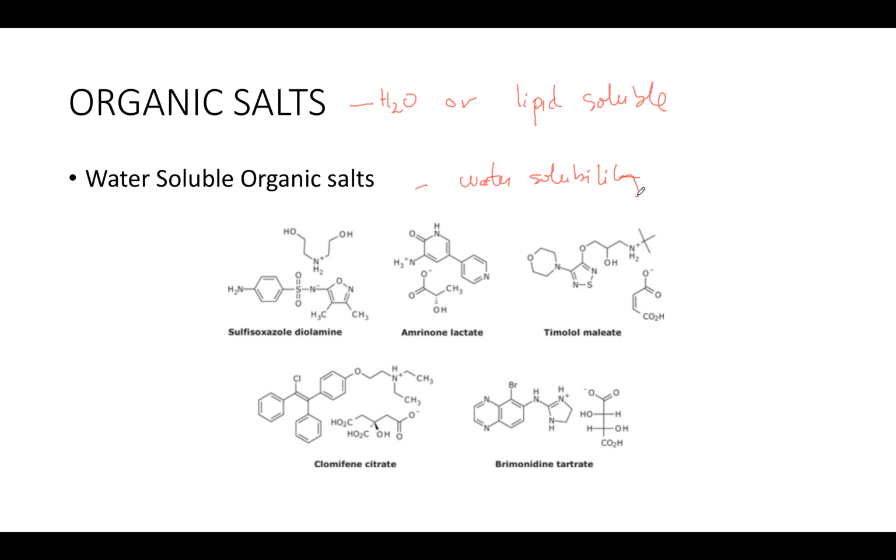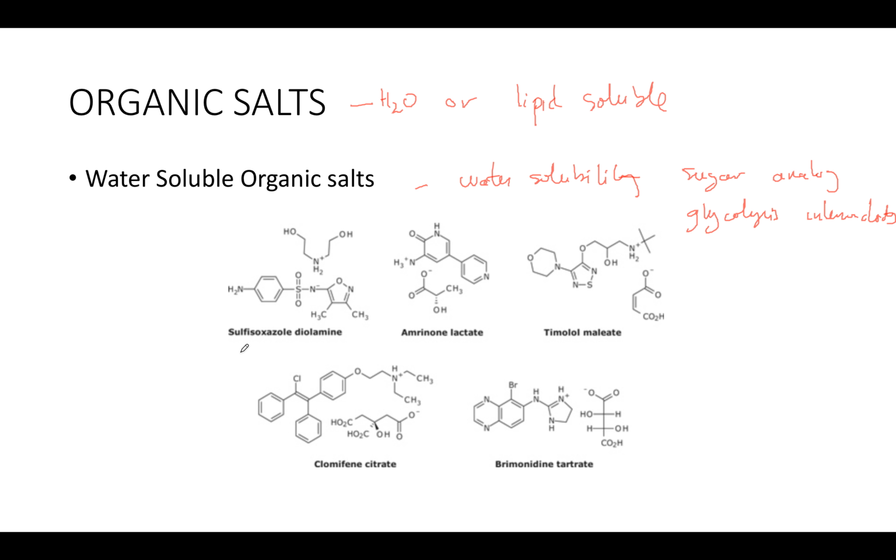And usually you have a sugar, or a sugar analog that can be used. Sometimes you have glycolysis intermediates that are used, and the idea is that the compounds used to form salts have multiple hydrophilic functional groups.